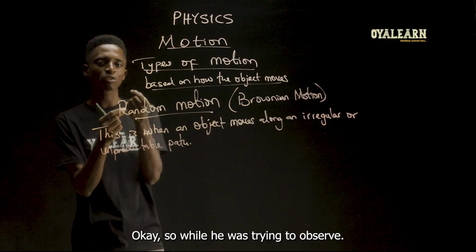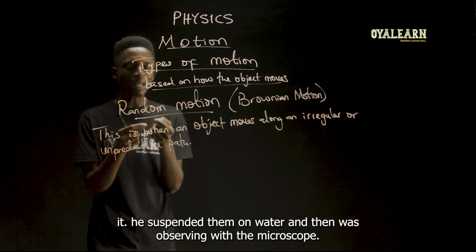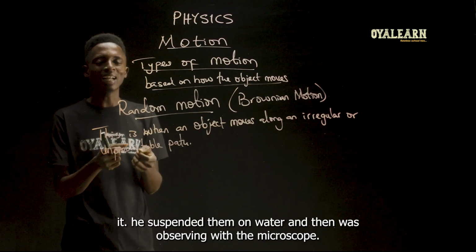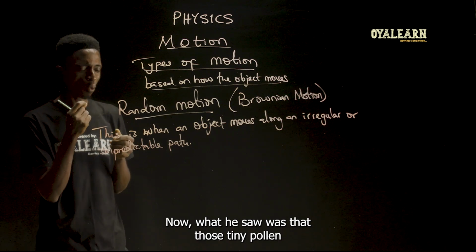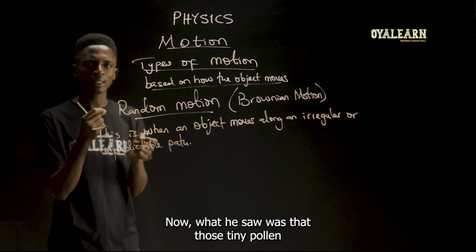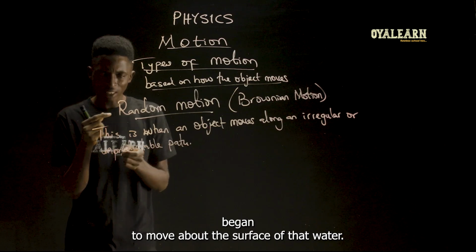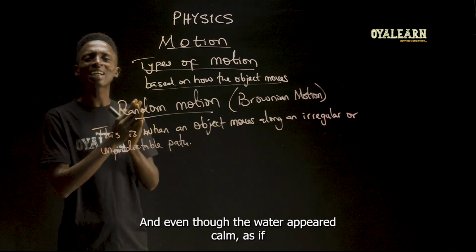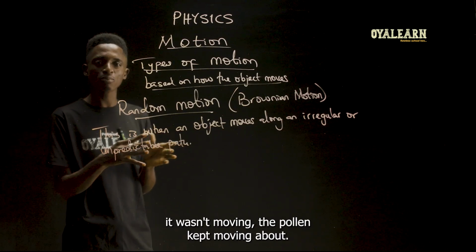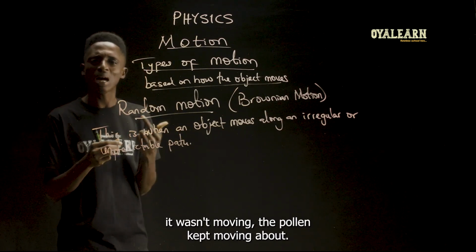Okay, so while he was trying to observe it, he suspended them on water and then was observing with a microscope. Now, what he saw was that those tiny pollen began to move about the surface of that water. And even though the water appeared calm, as if it wasn't moving, the pollen kept moving about.